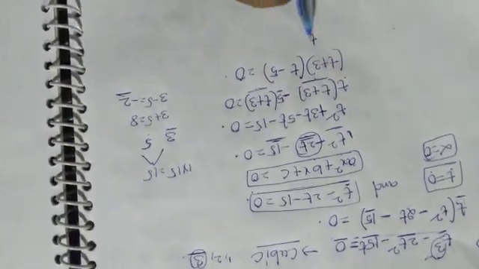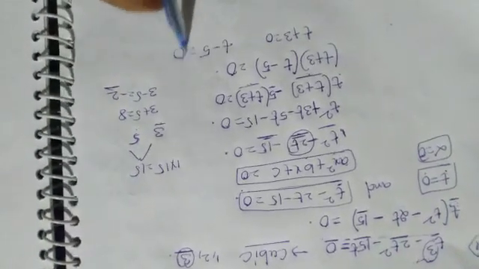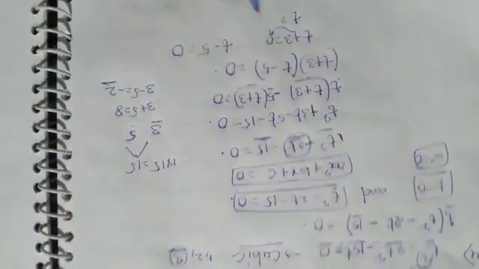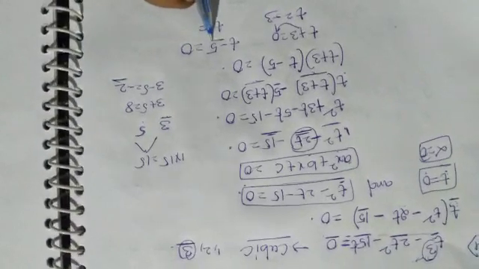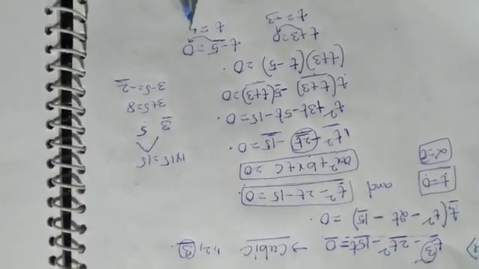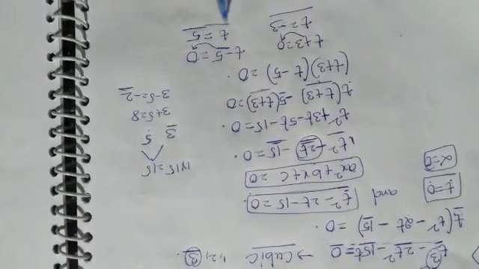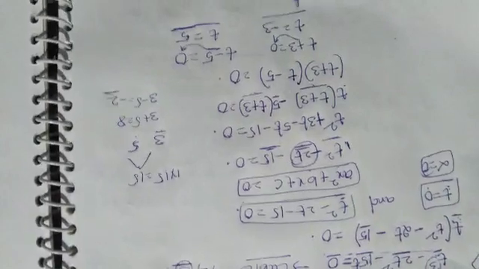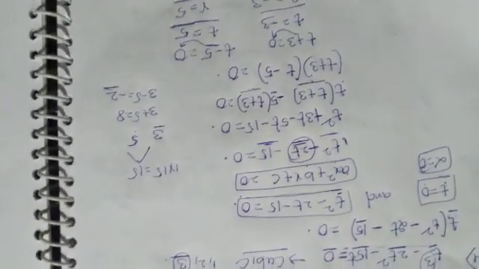So t plus 3 equal to 0 and t minus 5 equal to 0. Here t equal to plus 3 comes to this side, minus 3. T equal to minus 5 comes to this side, plus 5. We get 3 zeros: alpha equal to 0, beta equal to minus 3 and gamma equal to 5.